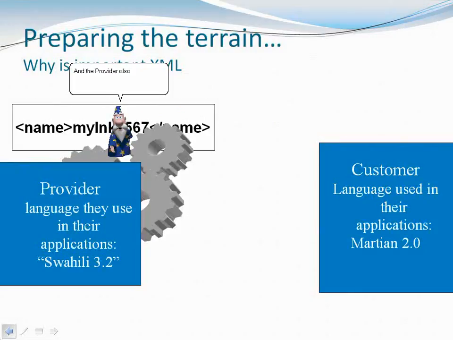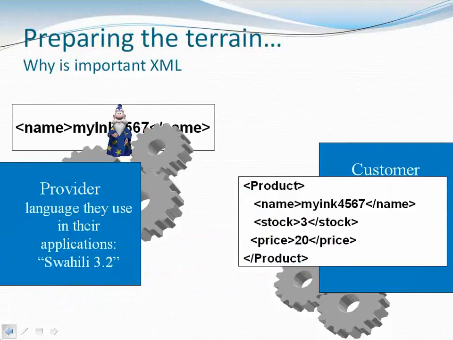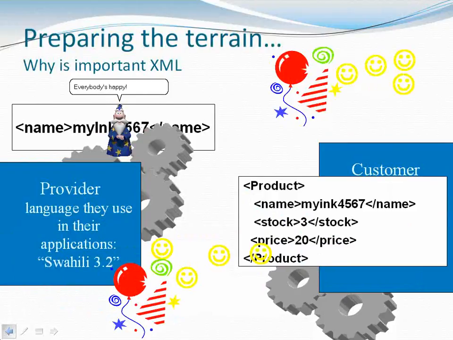And the provider also needs to be prepared to receive and send data using XML format. This way all the communication between the customer and the provider will be in XML. And since they're speaking the same language, they will understand each other. Everybody's happy. Move on to the next slide.